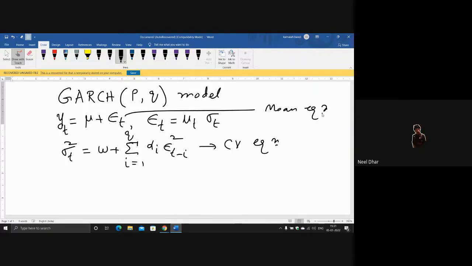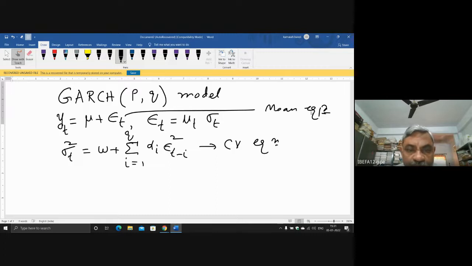So are we entering GARCH right now? Yes, now I'm writing GARCH. Just to show the contrast, I have repeated the ARCH process. In the ARCH process, the conditional variance equation depends on the squared lagged errors, lagged innovations.